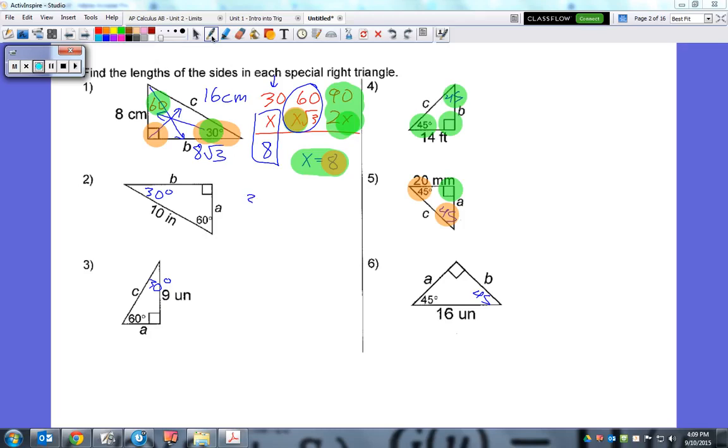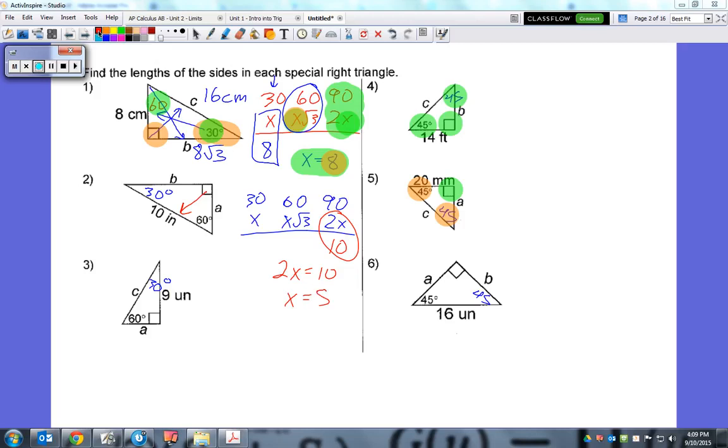So again, 30, 60, 90, x, x root 3, 2x, and the corresponding side that I'm given on this triangle is opposite from 90, which is 10. So I'm going to put that in the 90 column. And then I'm going to make an equation out of this. 2x is equal to 10, and if I divide both sides by 2, I get x is equal to 5.